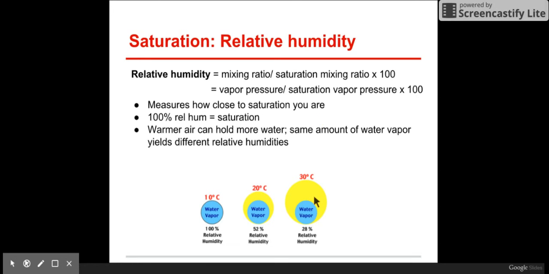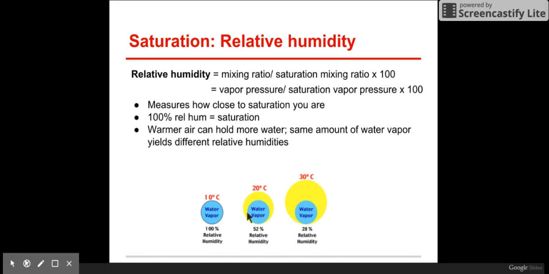Now, saturation vapor pressure is dependent on temperature. In the graphic below, in blue, you see depicted what could be seen as the actual amount of water vapor in an air parcel. This corresponds to the value of the actual mixing ratio. In yellow, you have depicted the value of the saturation mixing ratio.